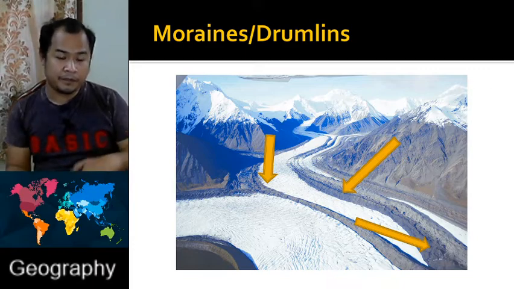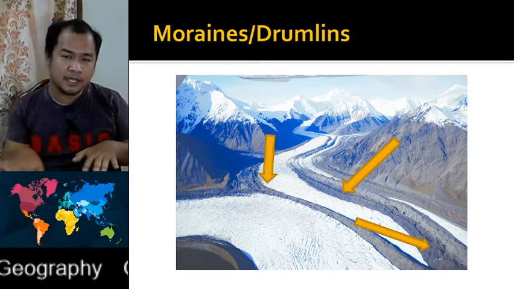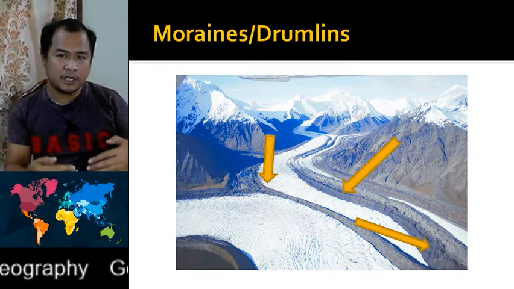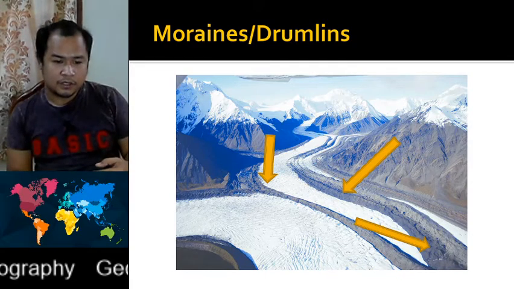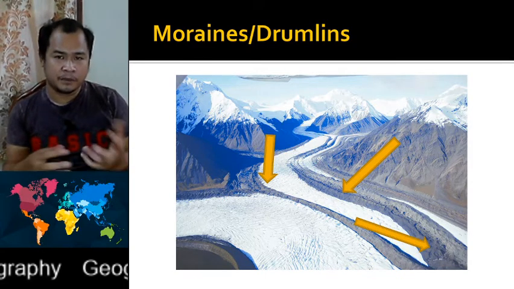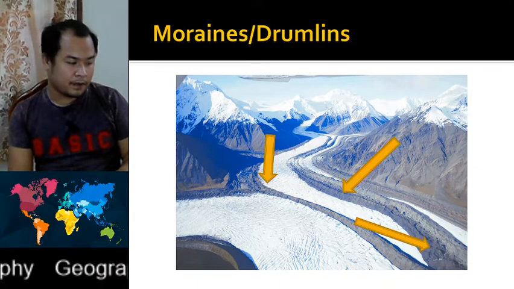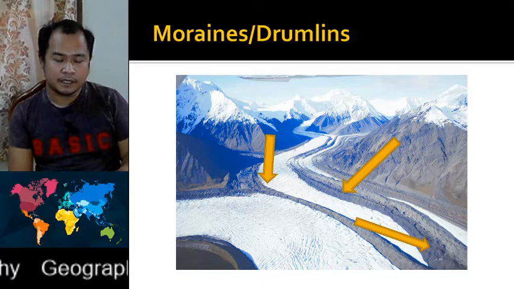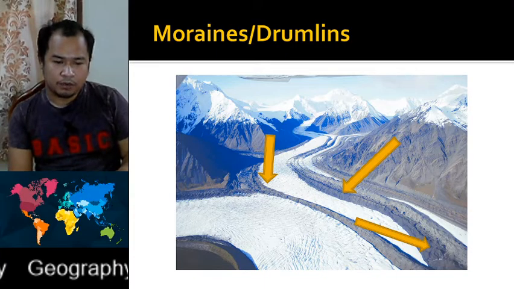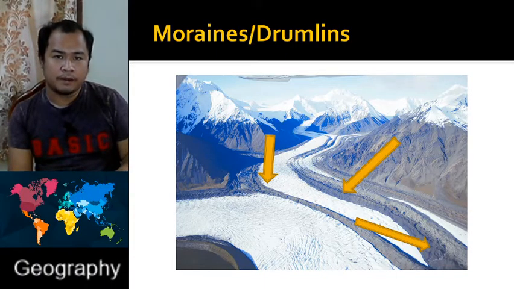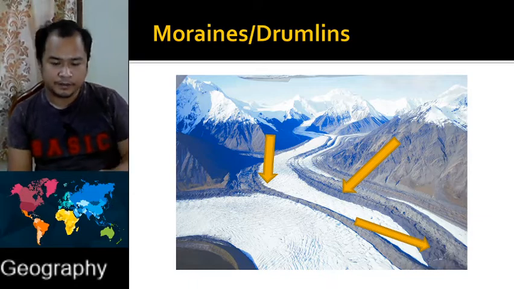And at the bottom, if this would melt in the future, we'll see a deposition of smaller rocks. So moraines or drumlins are depositions of these rocks and debris from glacial erosion. So drumlins and moraines are created by deposition. Okay.